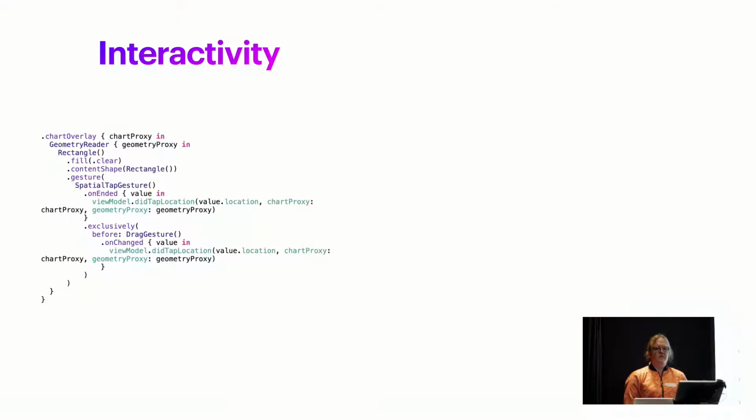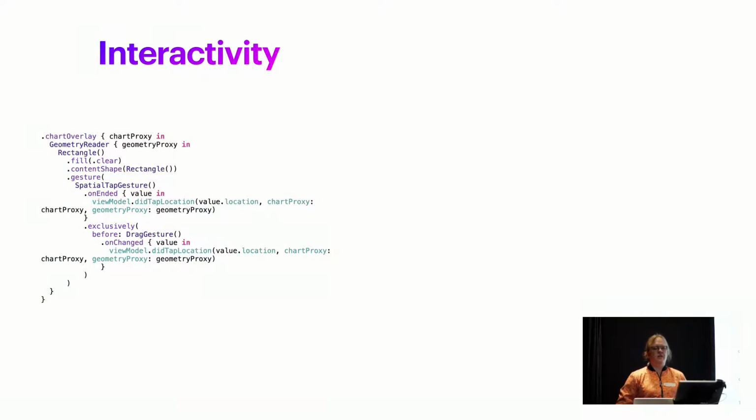This is one of the few areas where Geometry Reader actually makes sense, because we need to know the size of the area the graph is filling, as far as the size of the graph, that's important. So we'll get to that in a bit, but we grab our Geometry Reader.